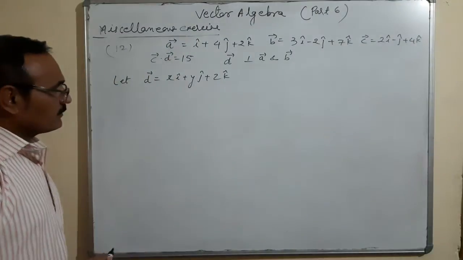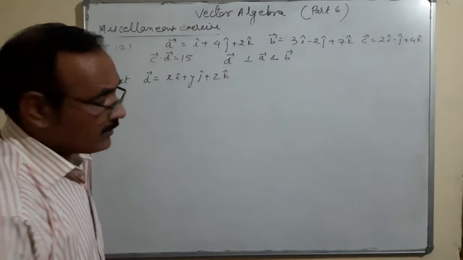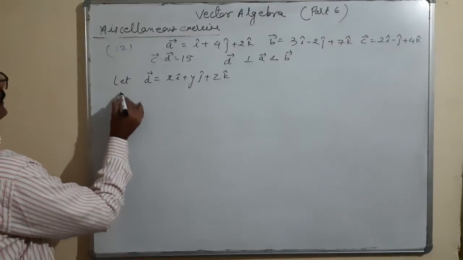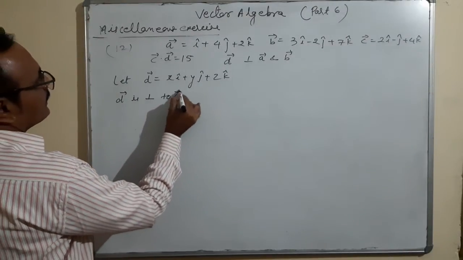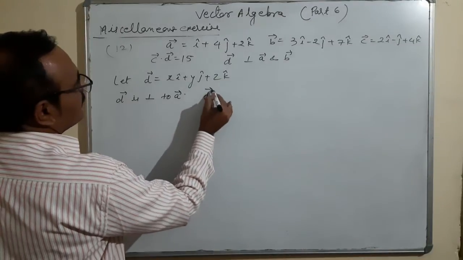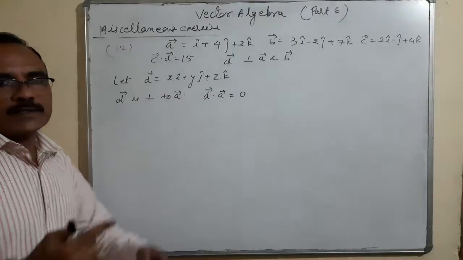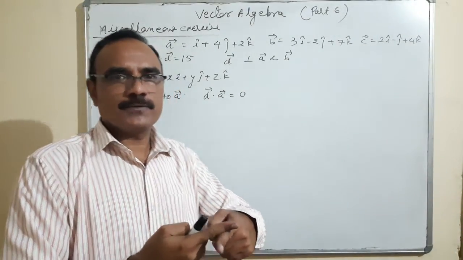Number 1, because this d is perpendicular to a. If d is perpendicular to a, what does it mean? If vector d is perpendicular to vector a, that means vector d dot vector a is equal to 0. Two vectors are perpendicular, their dot product is 0.